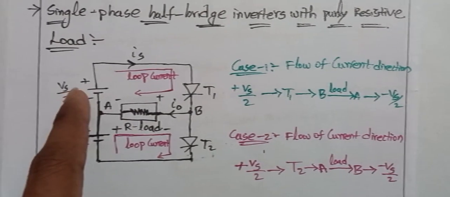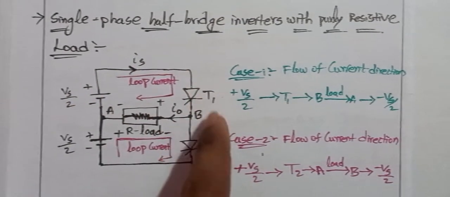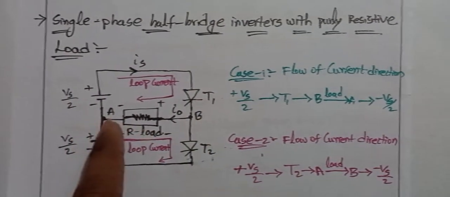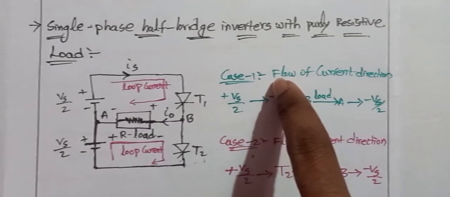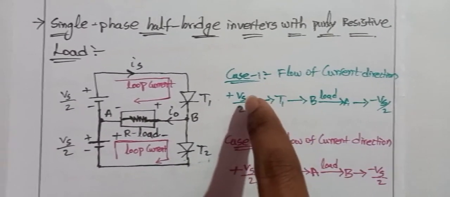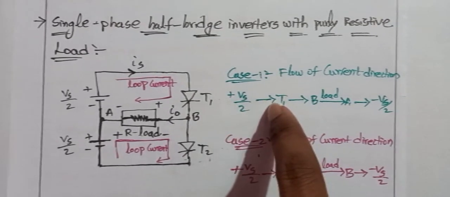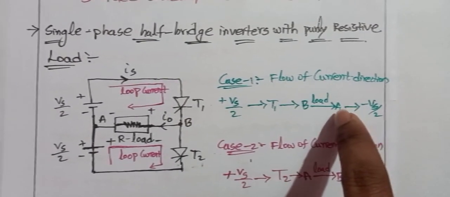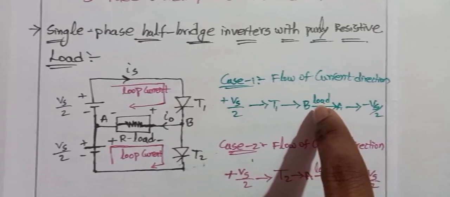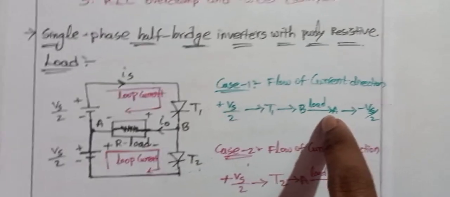Then the current flows from Vs by 2 to T1 and T1 to B to A. That is case 1: the current direction is plus Vs by 2, through T1, and B to A. So the current flows through the load from B to A.